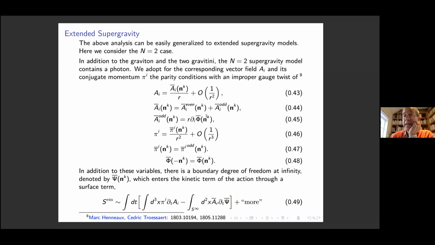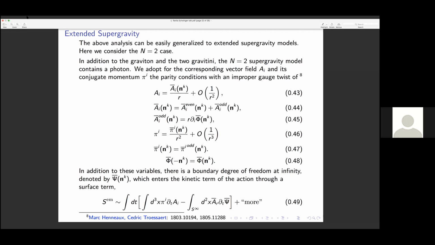Okay, Yannick has a question, so please ask your question. Yes, I was wondering, in the extended case, in the n equal 2 case, is there a sense in which you see the super-Poincare group sitting in the super-BMS group?